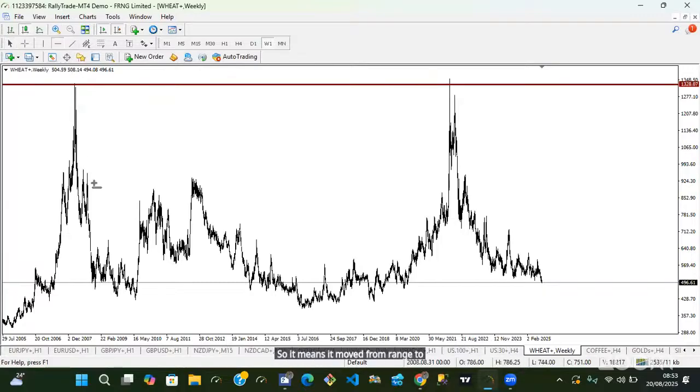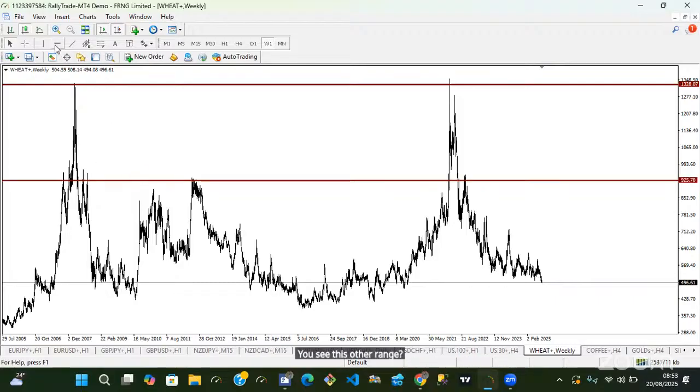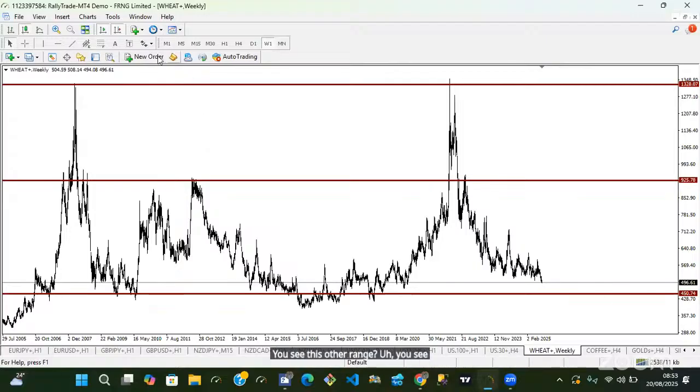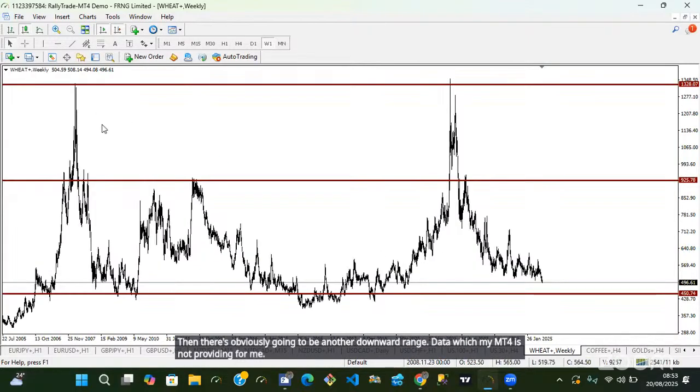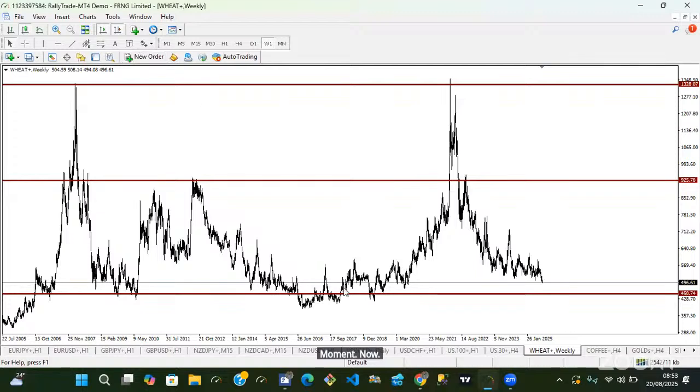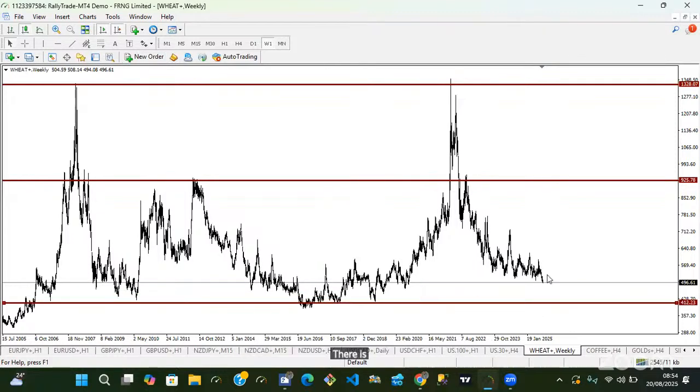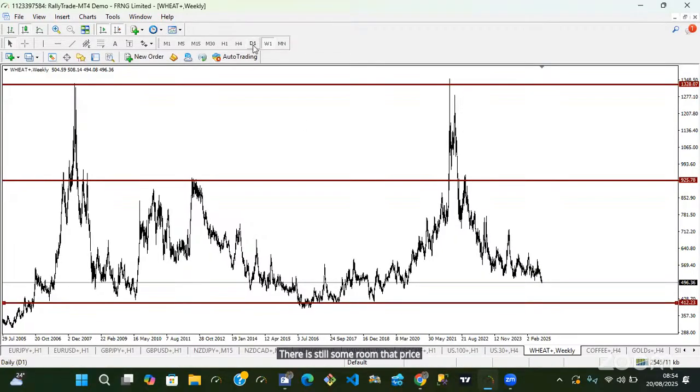You see this upper range, you see this other range, you see this lower range. Then there's obviously going to be another downward range, data which my MT4 is not providing for me at the moment. So it goes up, it goes down. Hence, there is still some room that price can shift to the downside.